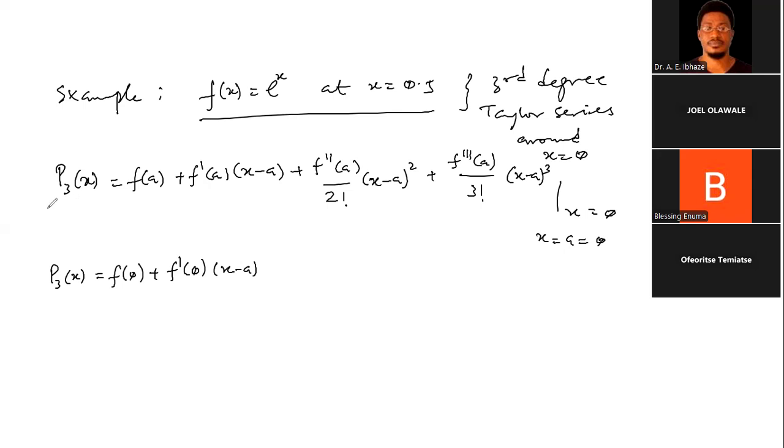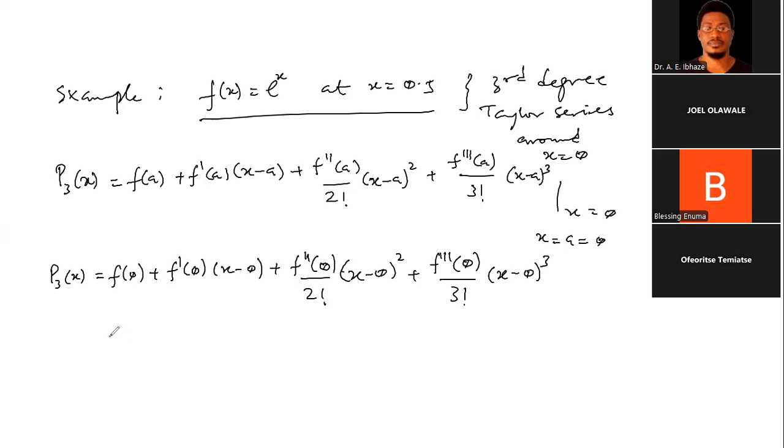Now a is 0, so we can substitute that in, plus the second derivative at 0 times (x minus 0) squared, plus the third derivative at 0 over 3 factorial times (x minus 0) cubed.